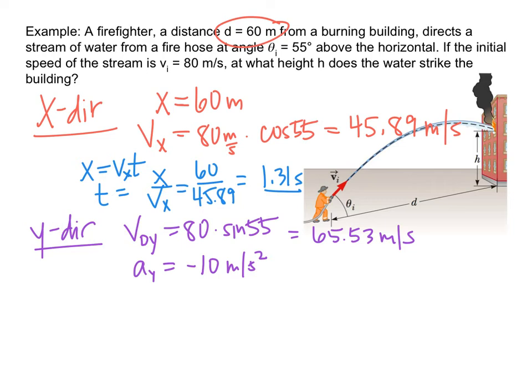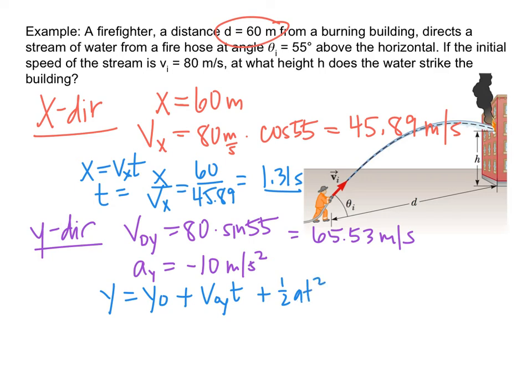The next step here, I'm going to be just using the fact that the vertical distance that it travels upwards, the vertical position, is dependent on the initial vertical position plus v sub oy t, plus 1/2 a t squared.